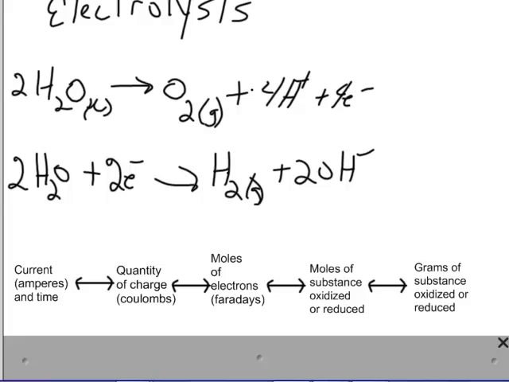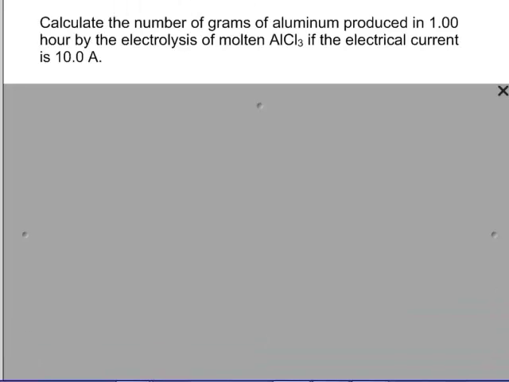Let's do an example. This is, by the way, sample problem number 20.14 on the bottom of page 885 and the top of page 886. Calculate the number of grams of aluminum produced in 1 hour by the electrolysis of molten aluminum chloride if the electrical current is 10 amps.